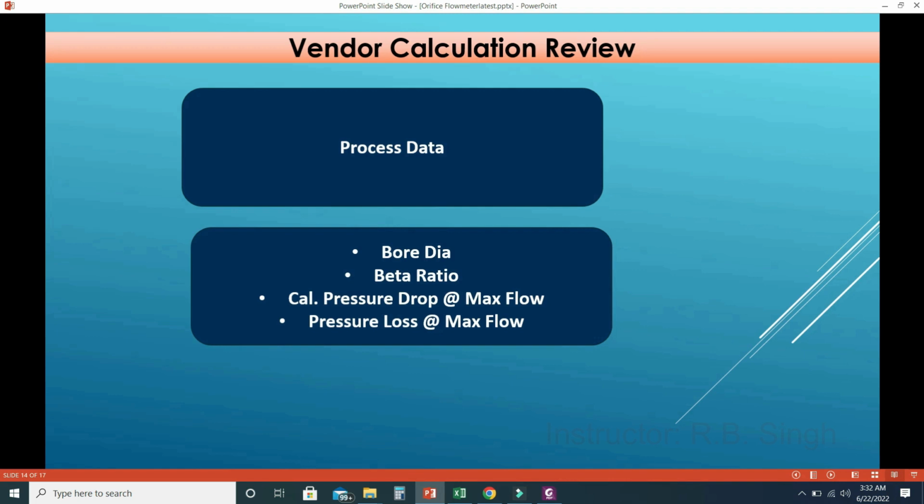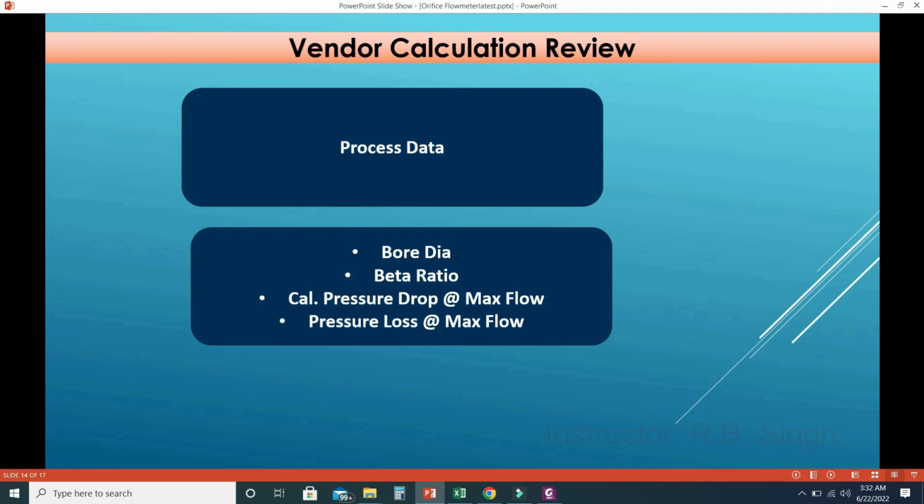During the review of the calculations, sometimes we need to check the process data also very carefully, because it might be, by mistake, a different value from what we recommended in our data sheets.